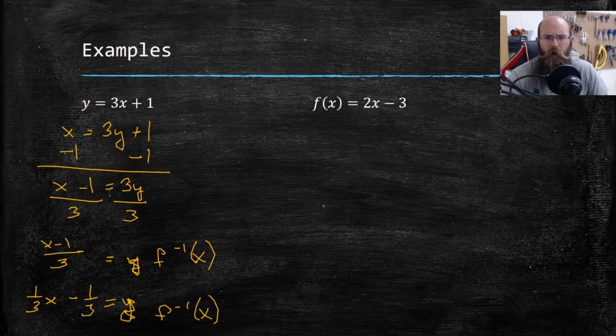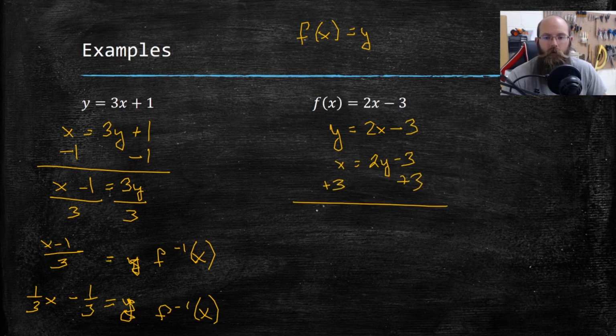It doesn't start off with a y, but you know f of x is the same thing as y. So that's like y equals 2x minus 3. I need to switch them. x equals 2y minus 3. Solve for y. So I'm going to add 3. Then I'm going to have to divide by that 2 that's in front of my y. Dividing by 2, it's the same thing as last time.